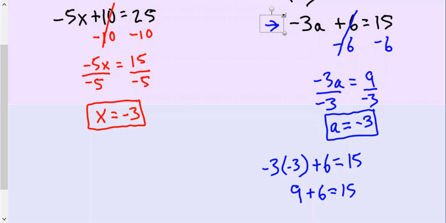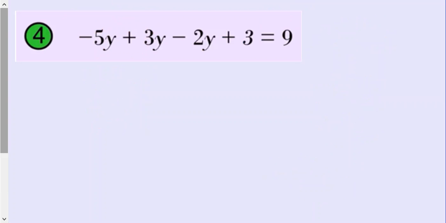Alright, I got one more example here for combining like terms. This one we have negative 5y plus 3y minus 2y plus 3 equals 9. So we got lots of y's here on that left side of the equation that we are going to combine.